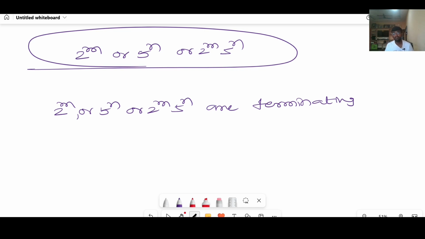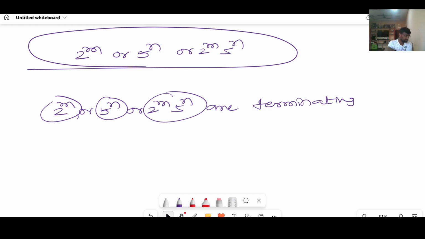The terminating decimals have denominators in the form of 2 power m or 5 power n or 2 power m 5 power n. And now the fractional numbers which have denominators as 2 power m or 5 power n or 2 power m 5 power n are terminating decimals, where m and n are non-negative integers, that is, whole numbers.